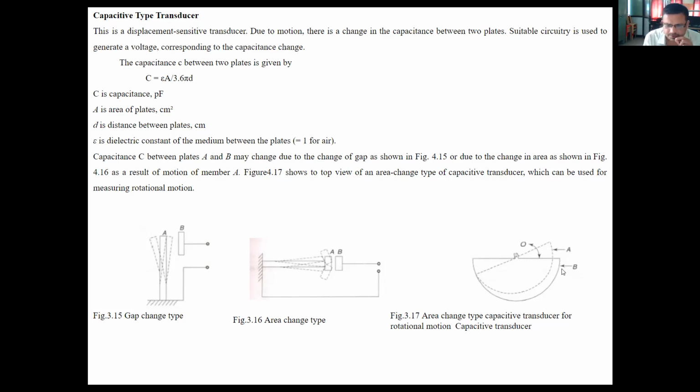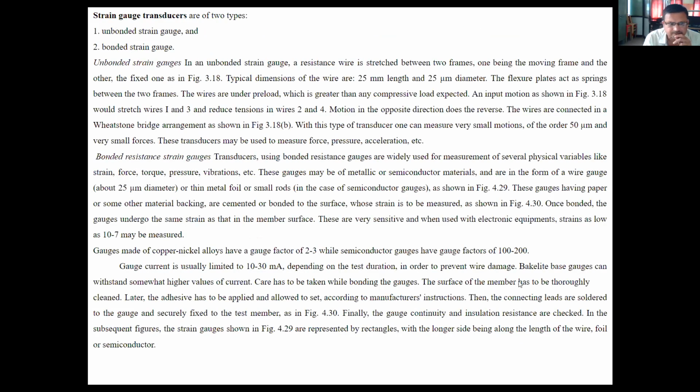Therefore, this is one plate A, another plate B. This plate A has rotational motion. If anyone rotates this moving plate A, what will happen? Due to rotation, there will be a change in capacitance between these two plates, and due to the change in capacitance, the output voltage will be different.